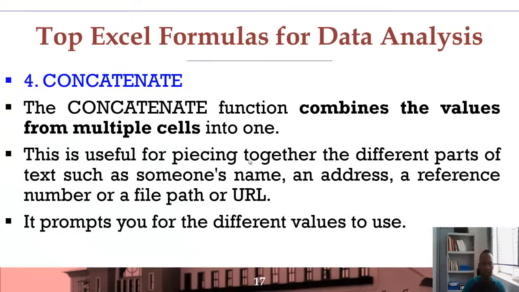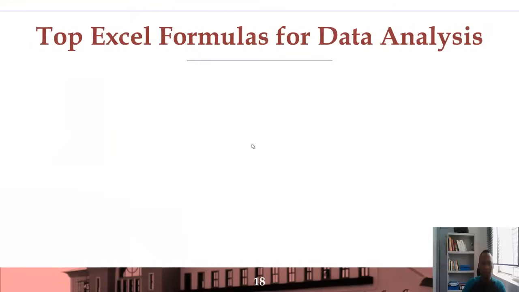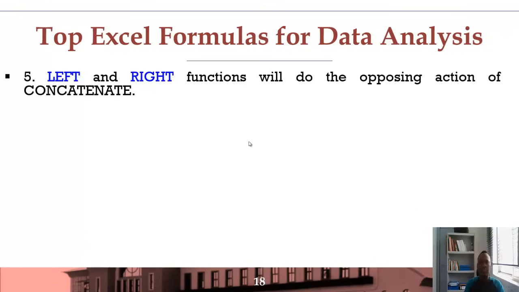So now the next function we must know is the left and right function. The left and right functions do the opposite action of concatenate. If you want to extract leftmost text from a column, you can use left.